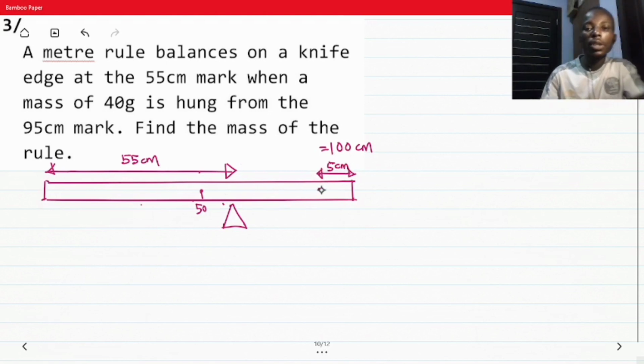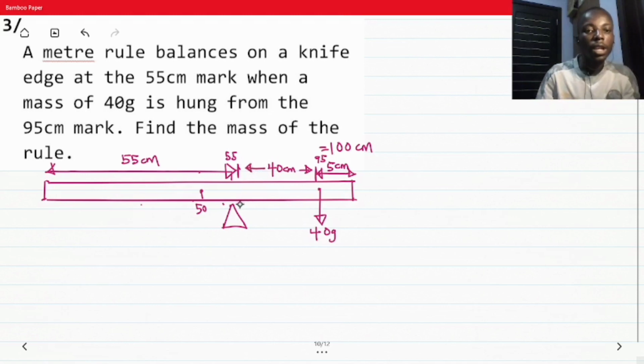So the 40 grams is going to be 5 centimeter away from the other end. If that's the case, this is the 55 mark, this is the 95 mark. It means from this point to this point is about 40 centimeter.